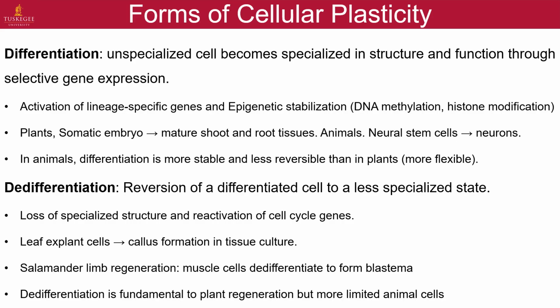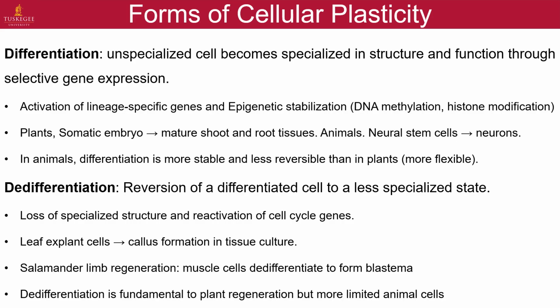Differentiation mainly involves activation of cell lineage specific genes, and this normally occurs through epigenetic stabilization, especially in the animal cells, where we have DNA methylation and histone modifications that ensure that the differentiated cell is stable.